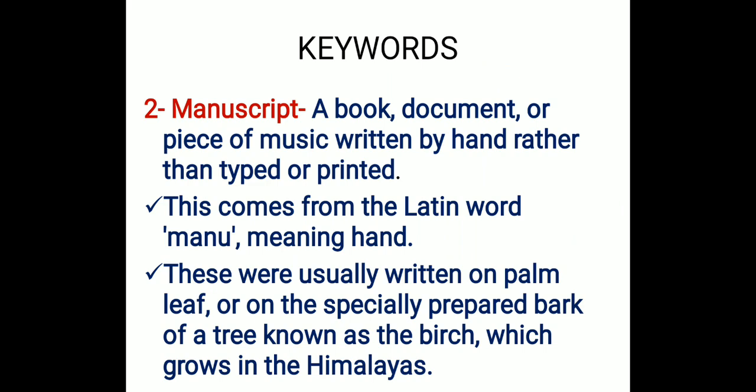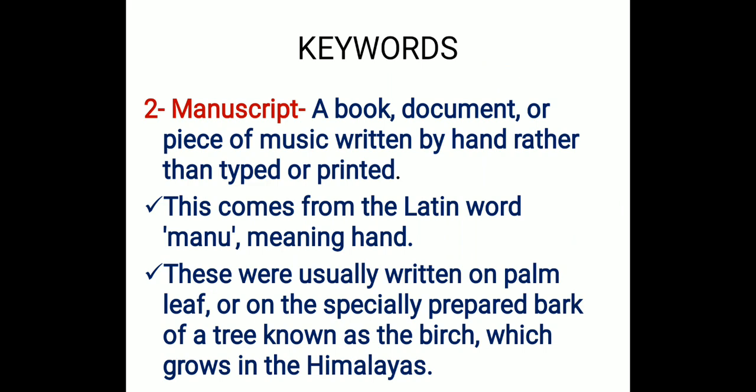So what is a manuscript? A book, document, or piece of music written by hand rather than typed or printed. This comes from the Latin word manu. Latin is a language, and manu means hand.